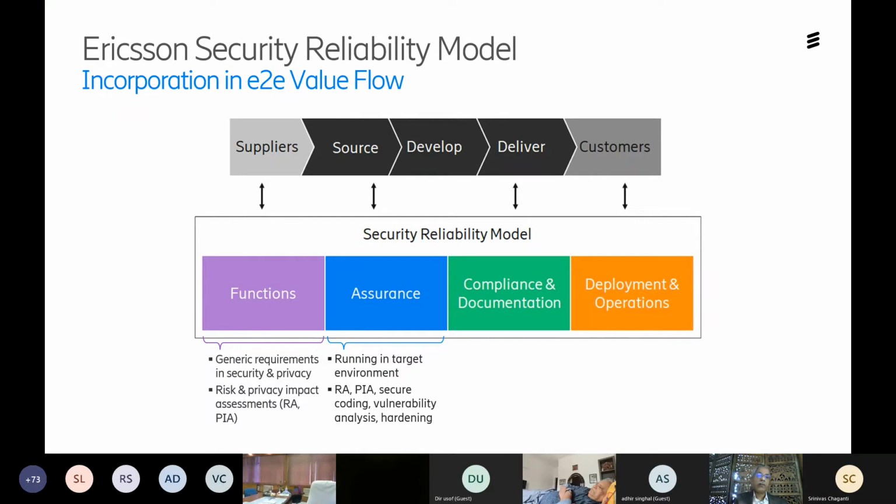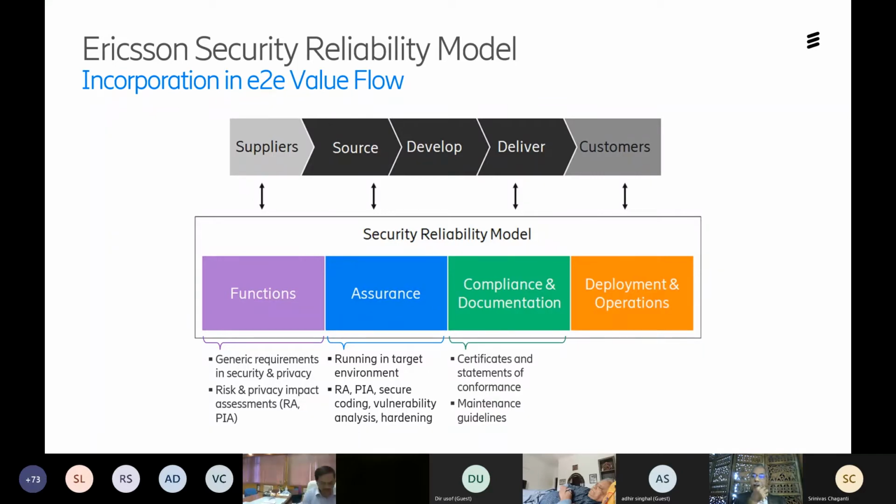And in that target environment, we again do risk assessment, privacy impact assessment. We look at considerations such as secure coding, vulnerability management. This is about risks that one could see in, for example, open source software and related technologies. And then hardening. How do you make sure that things are robust and hardened?